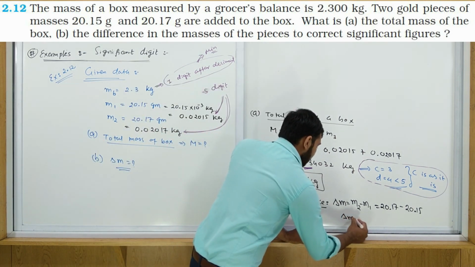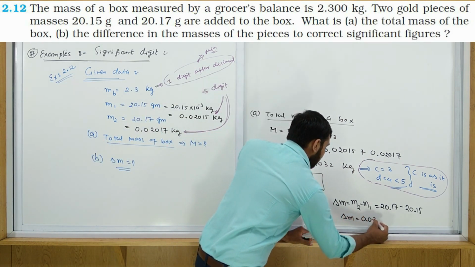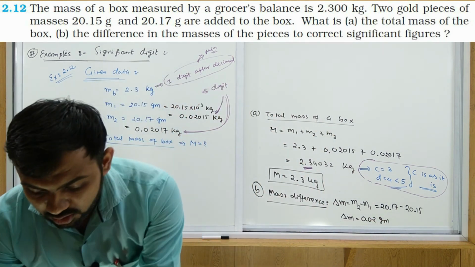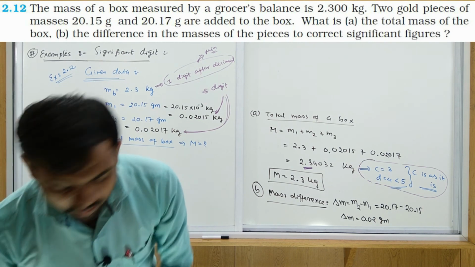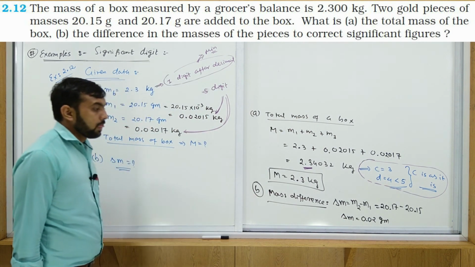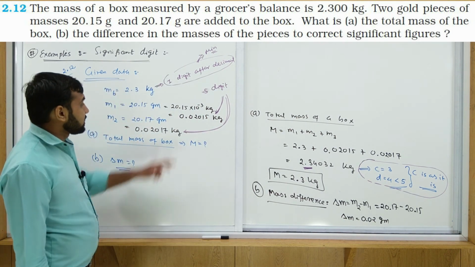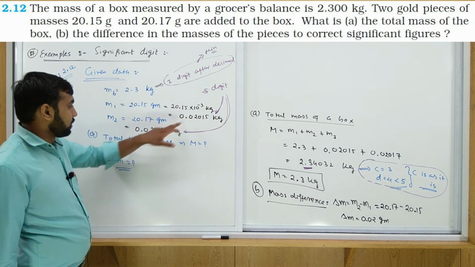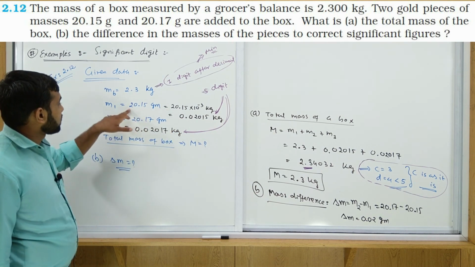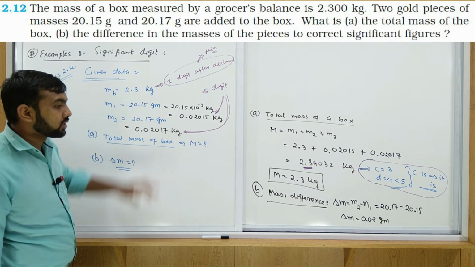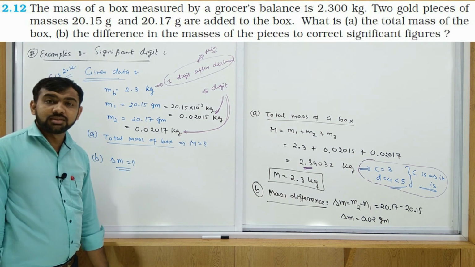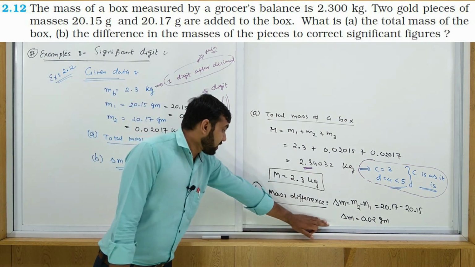So delta M is equal to 0.02 gram. I hope it is 0.02. Okay, yes, 0.02 gram. If you count in kg, just subtract this value: 20 minus 20, 17 minus 15, okay, 0.02 gram. If you write the answer in kg, multiply with 10 raised to minus 3.